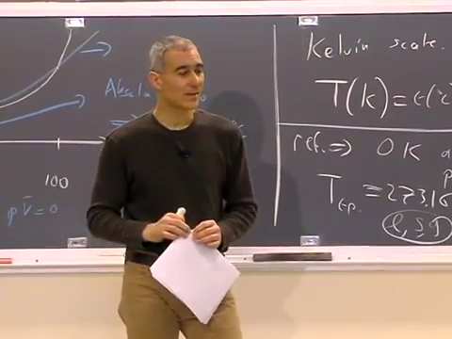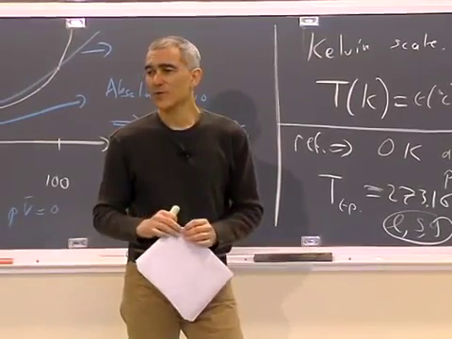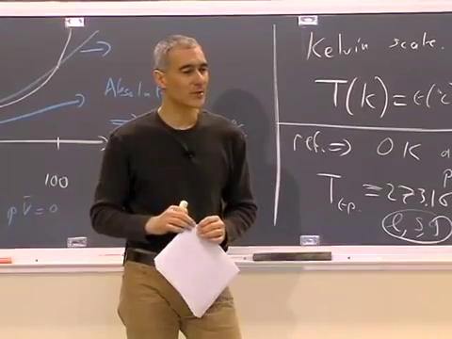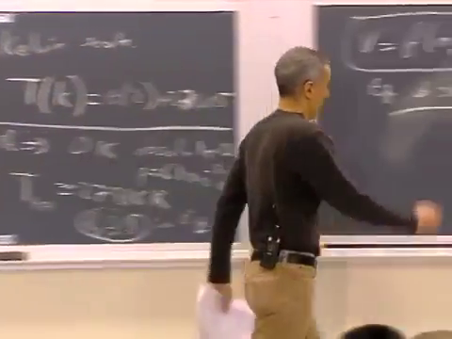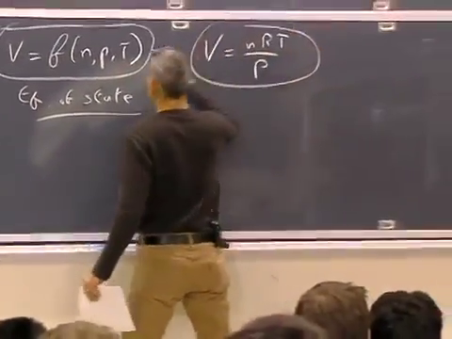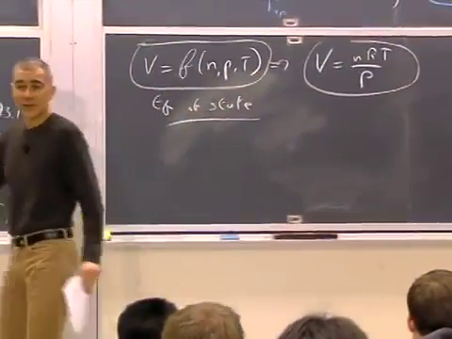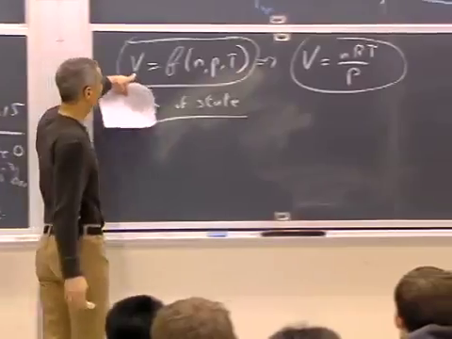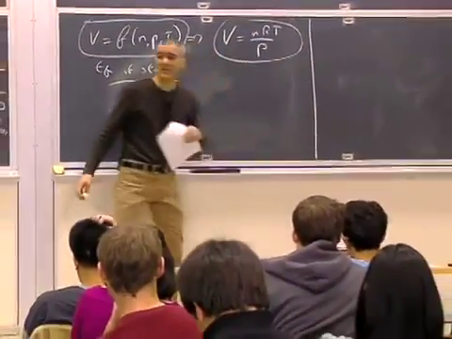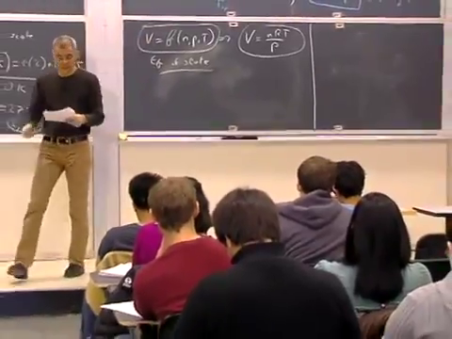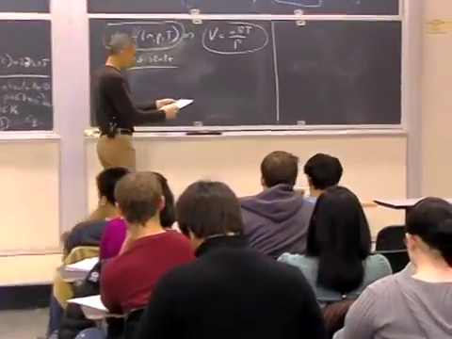Because the ideal gas law works only in very small range of pressures and temperatures for most gases. So we have other equations of state for real gases. This is an equation of state for an ideal gas. For real gases, there's a whole bunch of equations of state that you can find in textbooks. And I'm just going to go through a few of them.